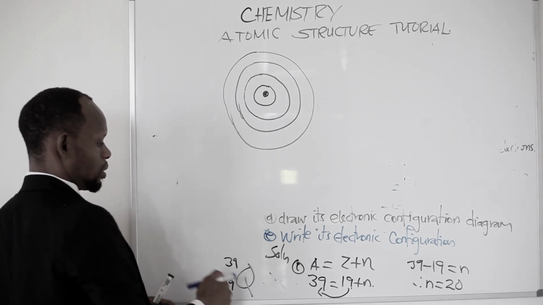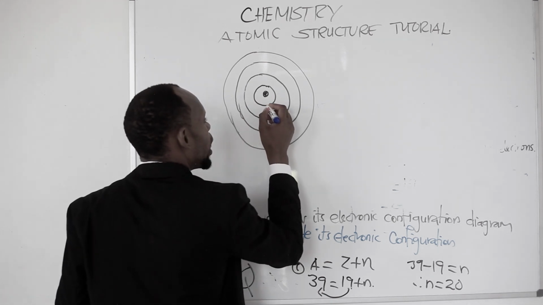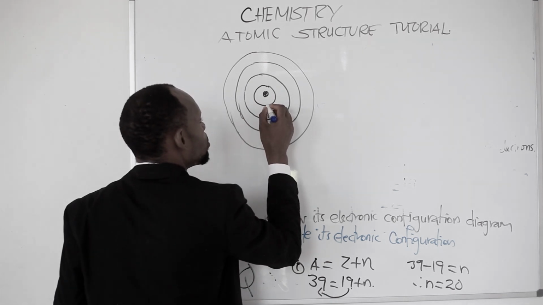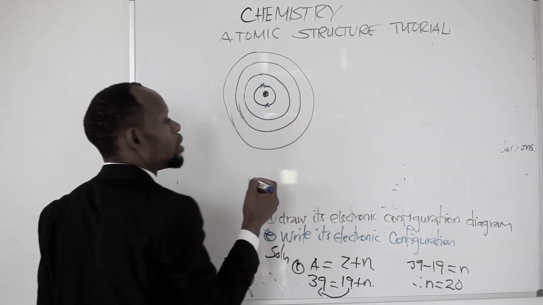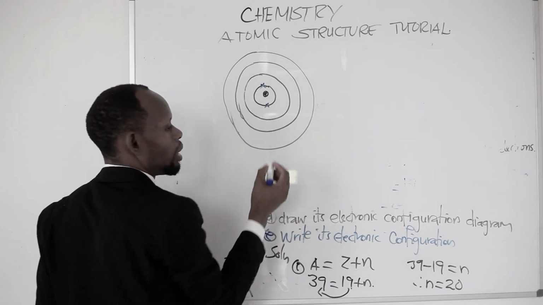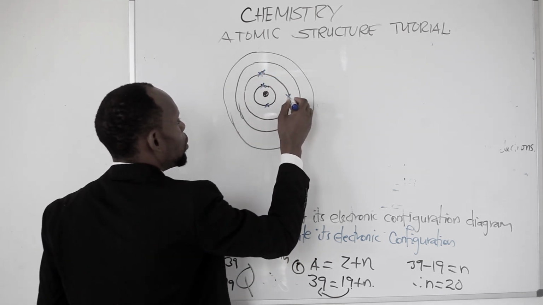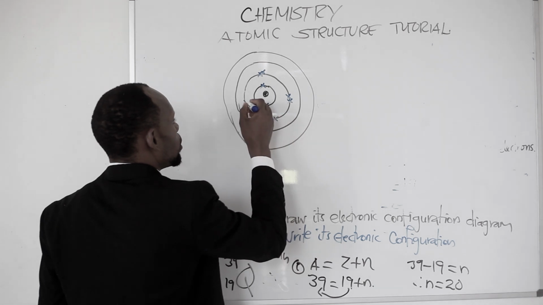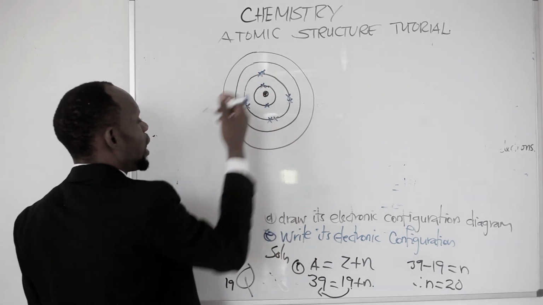Okay, so now, how many electrons? 19. The first shell contains maximum 2 electrons. So let's put these dot and cross symbols. The second shell contains maximum 8 electrons. 1, 2, 3, 4, 5, 6, 7, 8. That is the second shell. So 2 plus 8, 10.